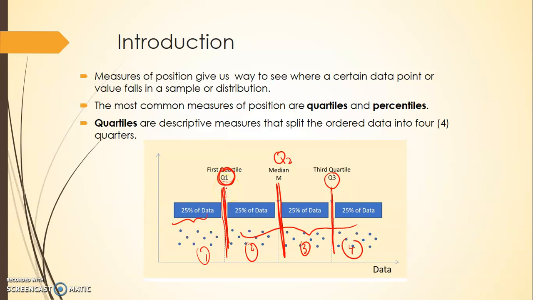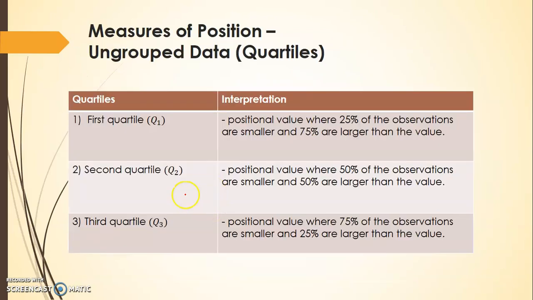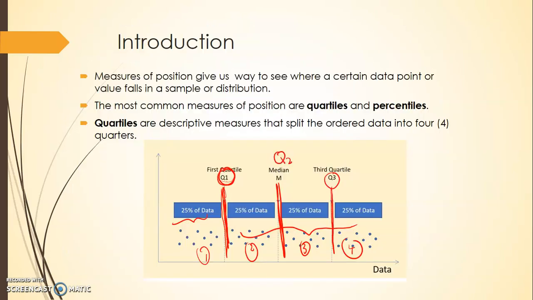Second, we have the second quartile, Q2, or our median value. You learned about this before in measures of central tendency. The median is a positional value where 50% of the observations are smaller and another 50% are larger than the value of the median. From this illustration, the median value, or the Q2 value, is located here.